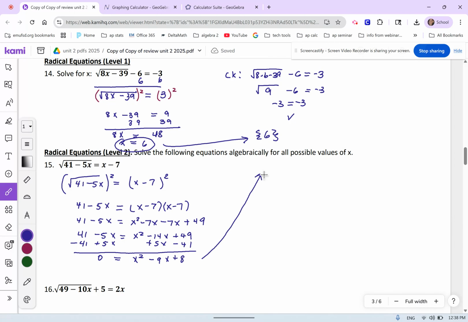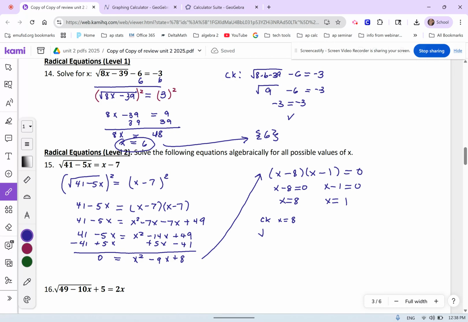I then factor, and I get x minus 8 times x minus 1. You set each linear factor equal to 0, and you solve, and you get a solution of 8 and a solution of 1.